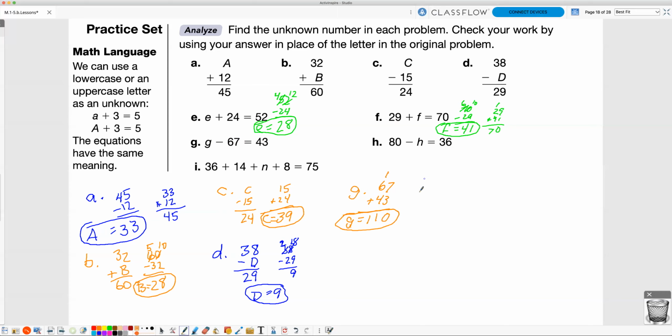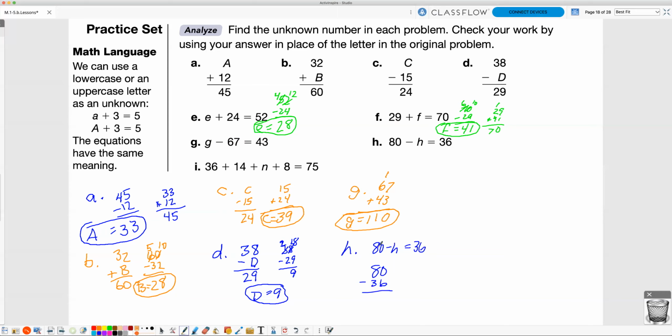All right, let's do letter H right here. So if I have 80 minus H equals 36, that means I need to take 80 minus 36 to find out what H is.